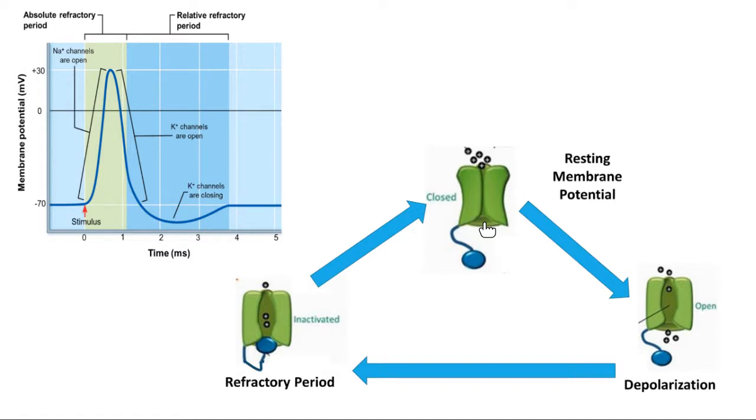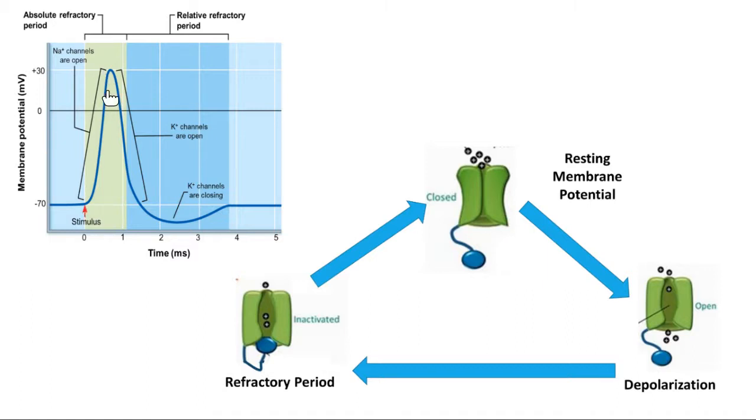So for you to be able to hear a message, your voltage-gated sodium channel needs to look like this. When we've heard a message, it changes its shape and opens up the channel so that sodium can rush inside. When too much sodium rushes inside, the inactivation part of this protein pops into place. And until the inside of the cell is back to normal, it's going to stay in this shape. When we get back to normal, we look like this. And when we look like this, now we can respond to a new message.